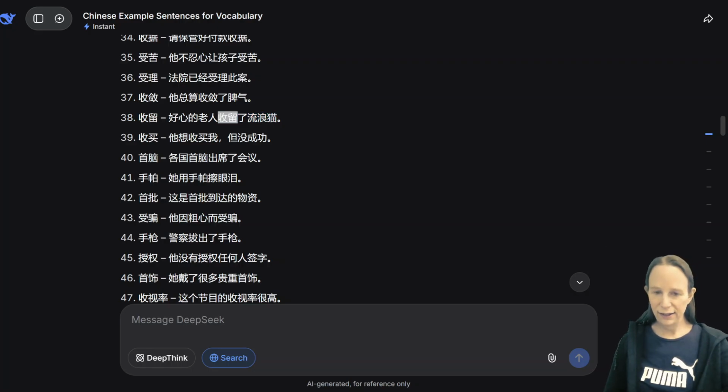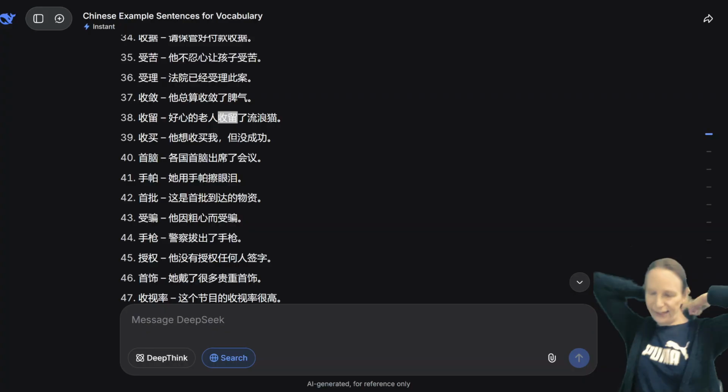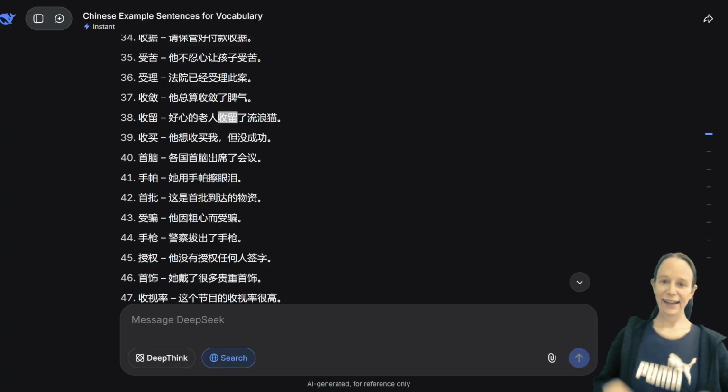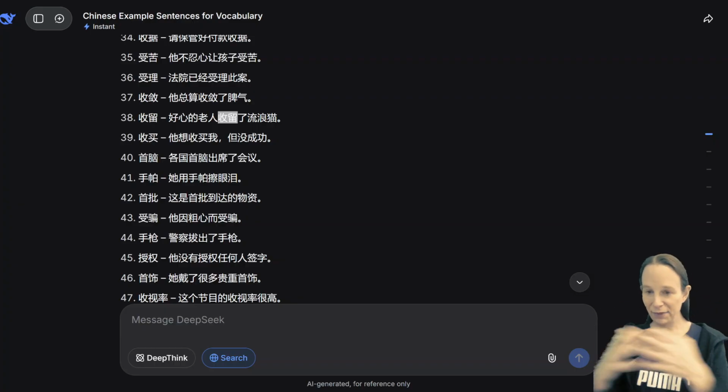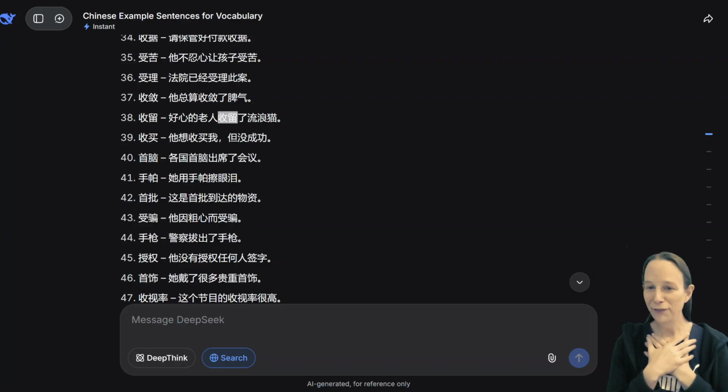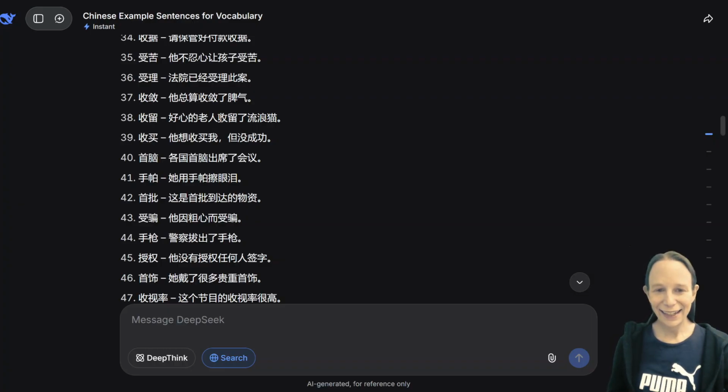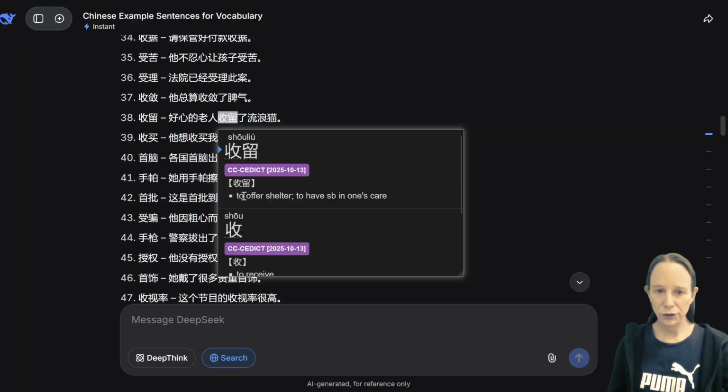Oh, so this is receive in the sense of an action you do of your own volition. So you're sort of taking or accepting and 留 keeping a stray cat. 收留. All right, so it only refers to taking in someone.